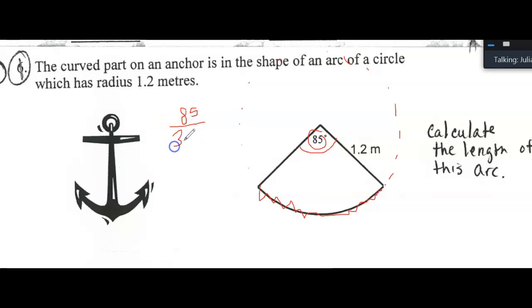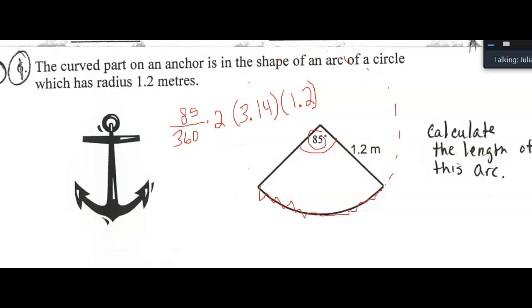Good, 360 times my formula for circumference, 2 times pi, which I'm going to write as 3.14. You can push the pi button if you want to. Times my radius. My radius in this problem is 1.2. So go ahead and plug that into your calculator, and that's the last one we're doing together.